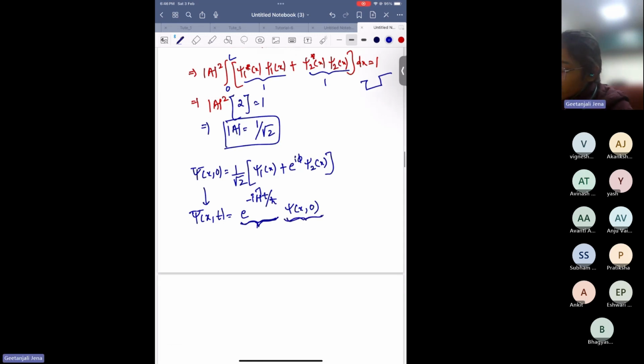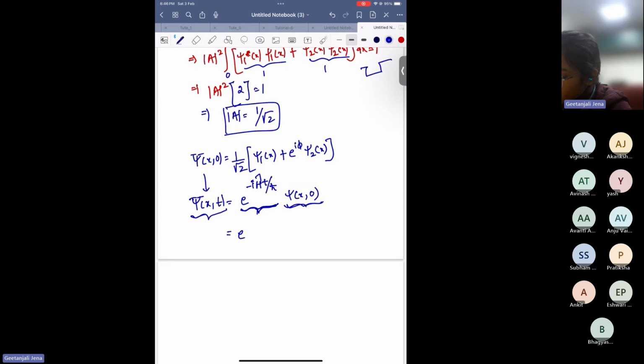This is the initial state and this will be the final state after some time. So this is e to the minus iHt by h cut, with 1 by root 2 here, times (psi 1(x) plus e to the i phi psi 2(x)).